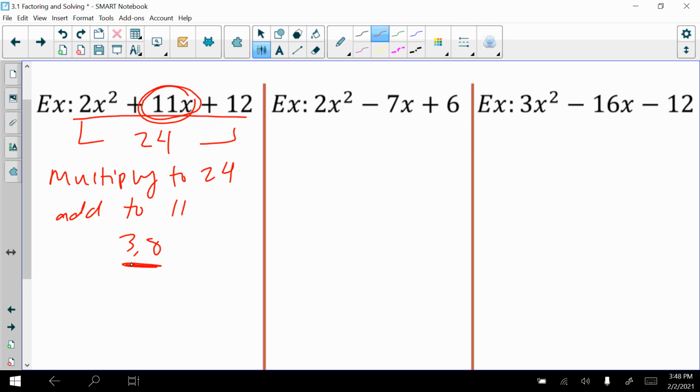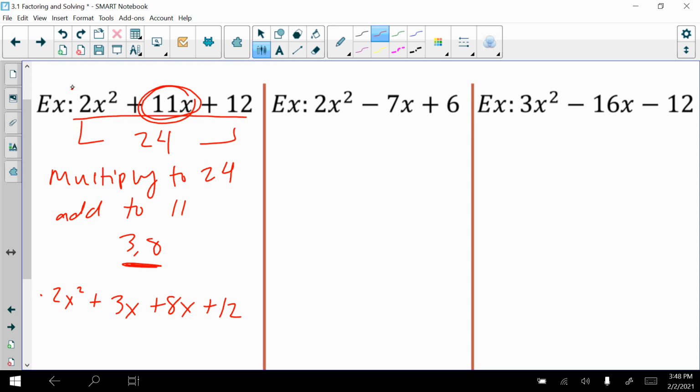So it'll look like this: 2x squared plus 3x plus 8x plus 12. Notice how this and my first equation are really the exact same thing. I've just taken 11x and broken it up into 3x and 8x.